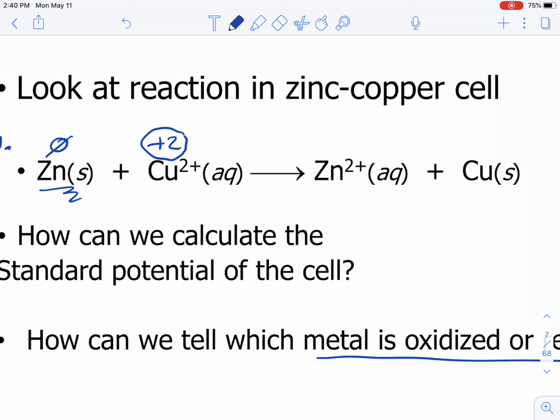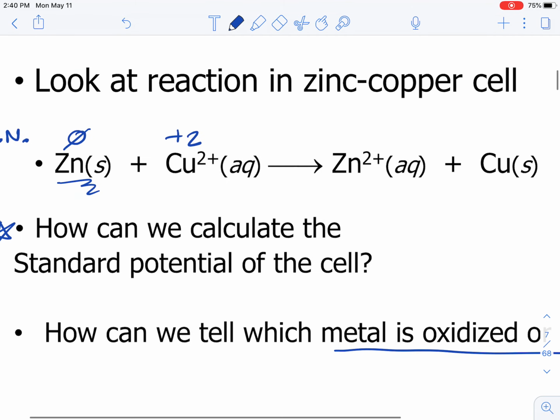There are several situations we'll encounter as we go through this lecture series in which the charge is not the same as the oxidation number. All right, so here in this case, since we have a 2+ charge, that means its oxidation number is +2.